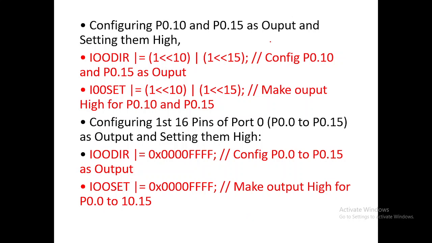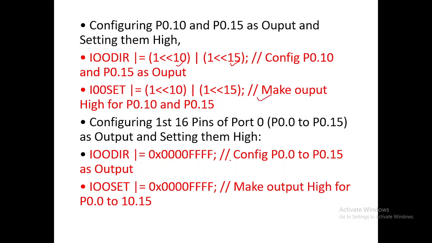Then these are some similar configurations, but here two pins are used: pin number 10 of port 0 and pin number 15 of port 0 we configured as output, and then we have made those pins high.